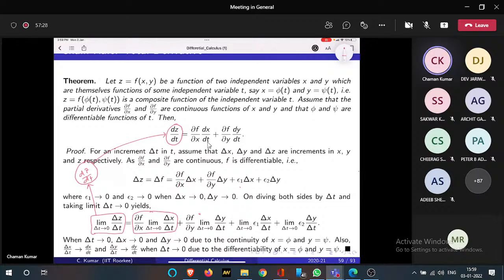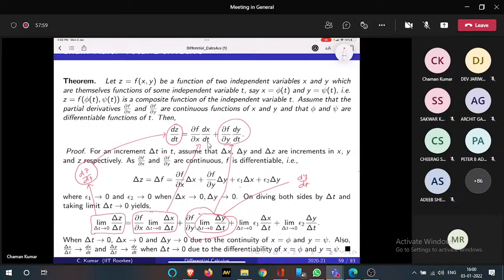This one will become this, because as delta t goes to 0, delta x by delta t will be the derivative of x with respect to t. Similarly, this will become the derivative of y with respect to t. So the second term will become this one.